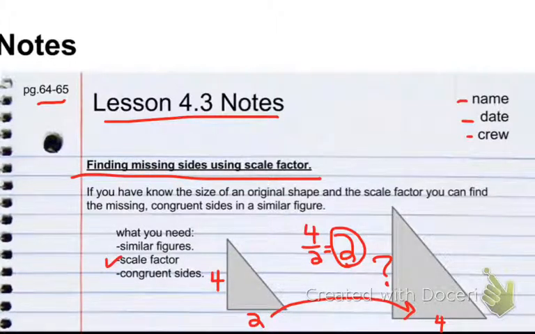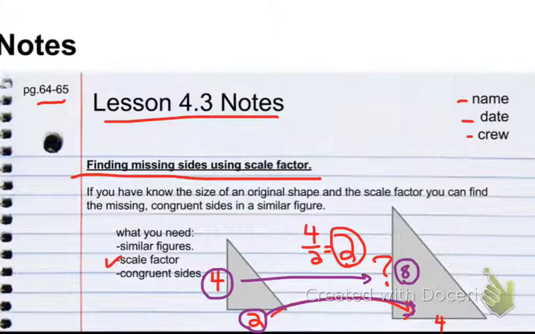And everything multiplies by 2. If my scale factor is 2, then this side here that's labeled 4 has to multiply by 2 because every side gets multiplied by 2. And if I multiply 4 by 2, I get 8 for my missing side.